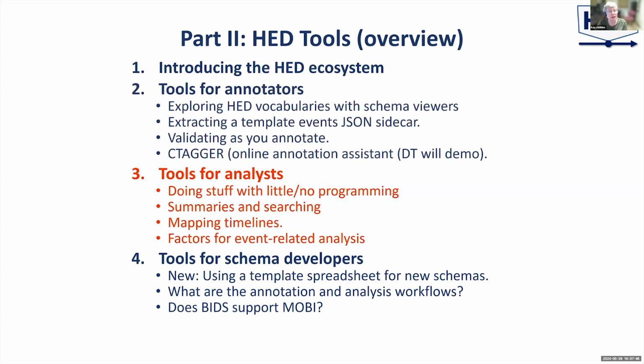So then I'll talk about tools for analysts, and we've developed some stuff that works with little or no programming, so you can do it quick and easy, hopefully. I'll talk briefly about mapping timelines and factors for event-related analysis. And then I'll talk briefly about tools for schema developers as people who want to create their own language.